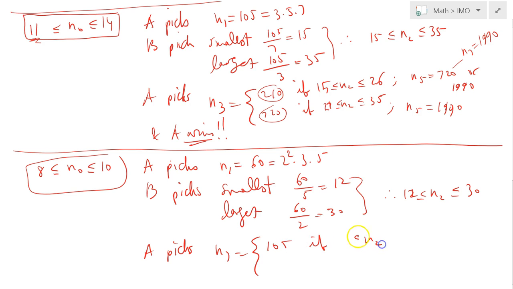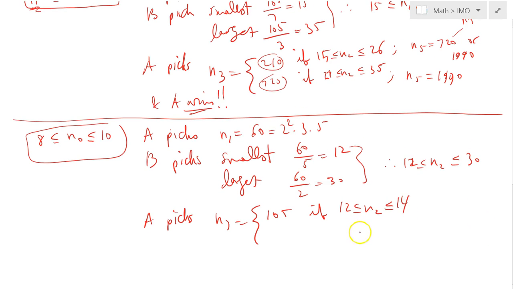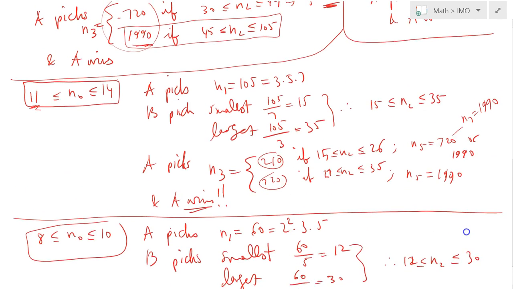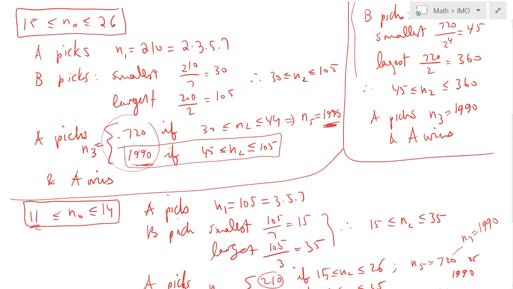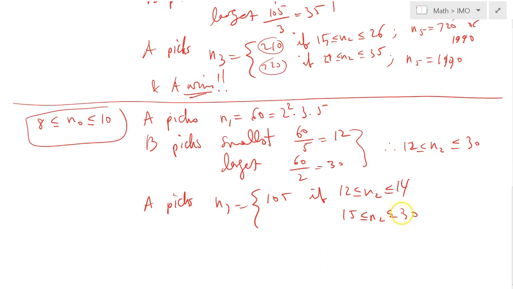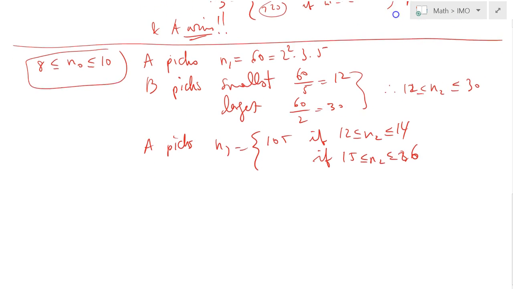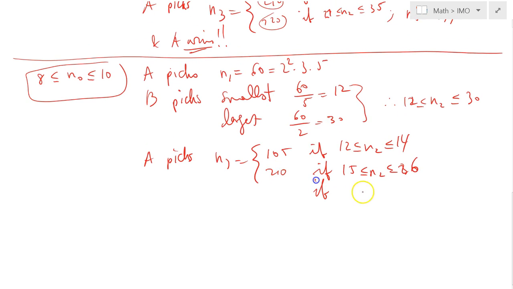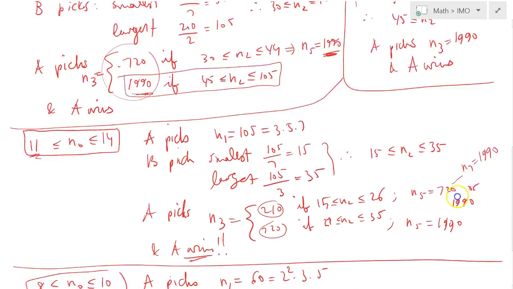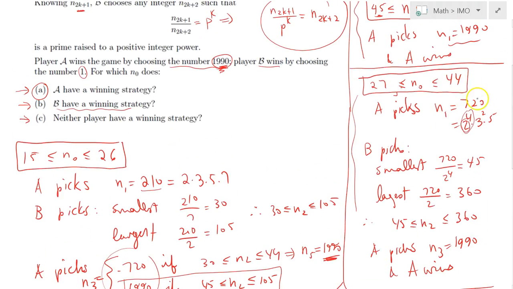If N2 is between 15 and 26, then we will pick 210. Or if N2 is between 27 and 30, then we can directly pick 720.